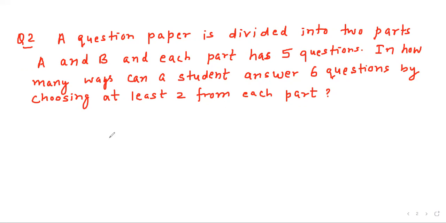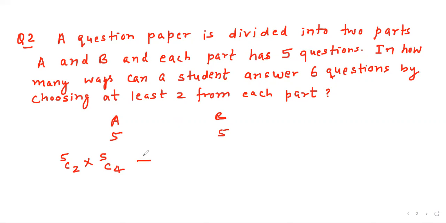So A and B, 5 questions, 5 questions. So possibility will be 2 questions at least from each part. So suppose 2 questions are chosen from part A, 5C2. Then the remaining 4 questions are to be chosen from part B, 5C4.